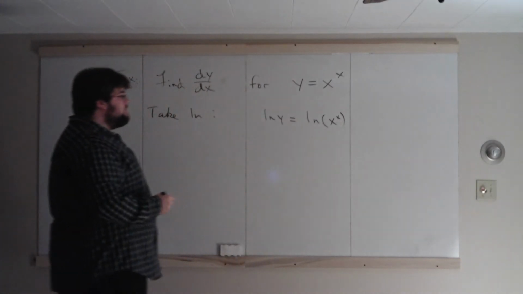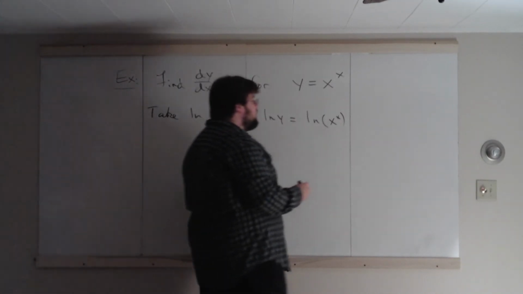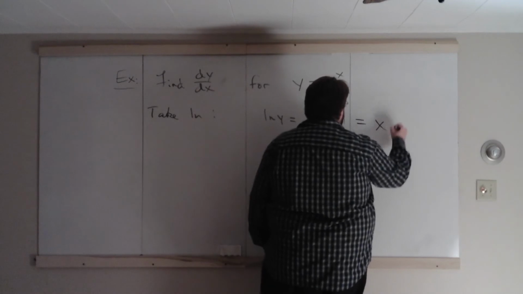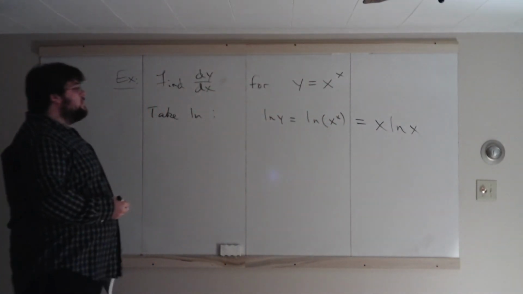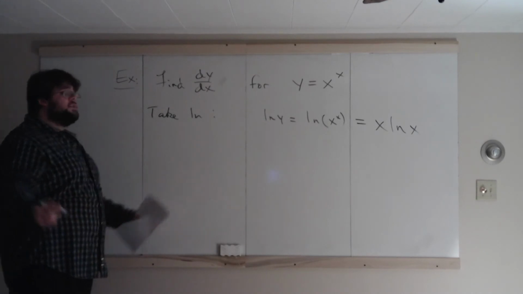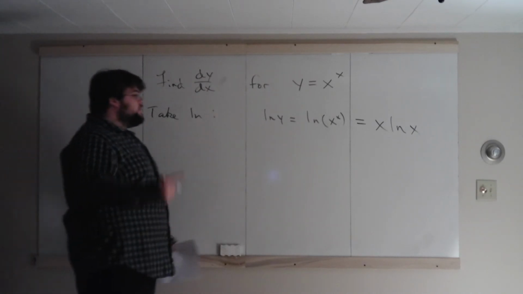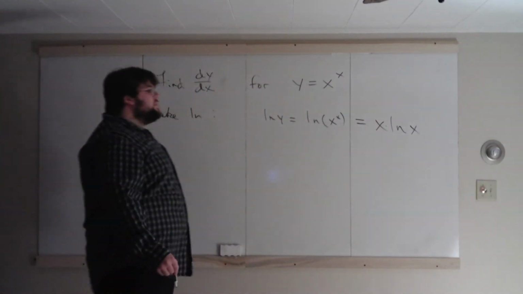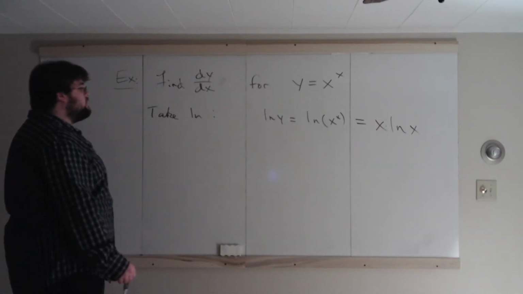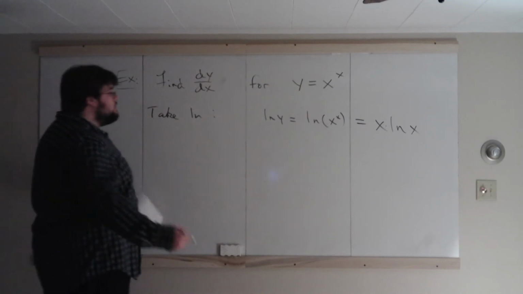How does that simplify x to the x? Well, we can use our exponent rules. If we use our exponent rules, that right side simplifies to x log x, which is a product. And we know how to take the derivative of a product. So now, let's take the derivative.